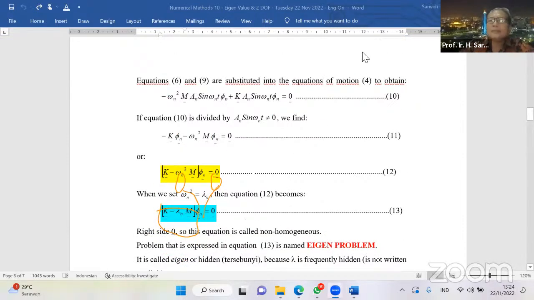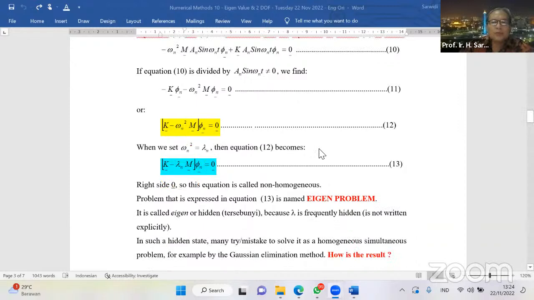Later, from equation 12, because we don't like to have a square form of this, just replace the square of the omega here, the angular frequency square, to become lambda.